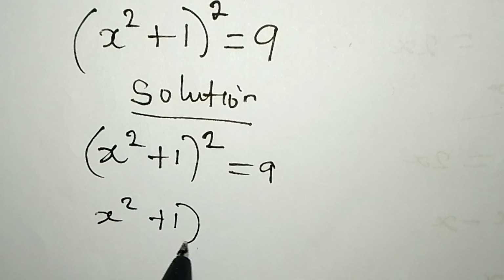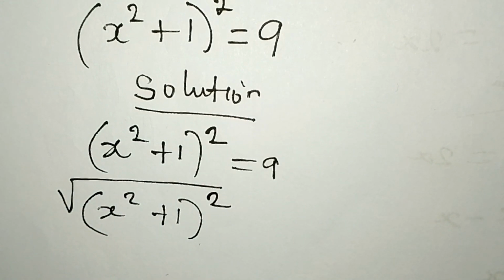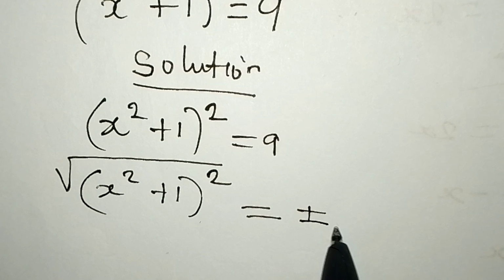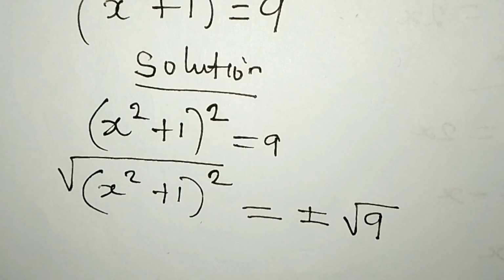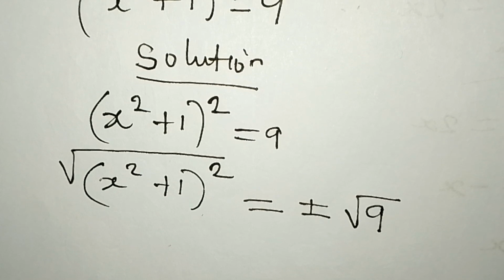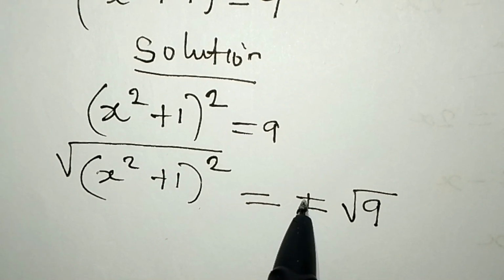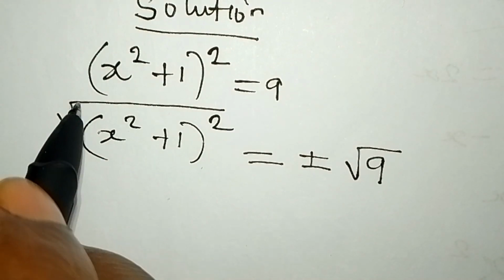The square root of (x² + 1)² is equal to positive or negative square root of 9. Okay, and from here, what can we do? We are going to have positive values and negative values on the right hand side.